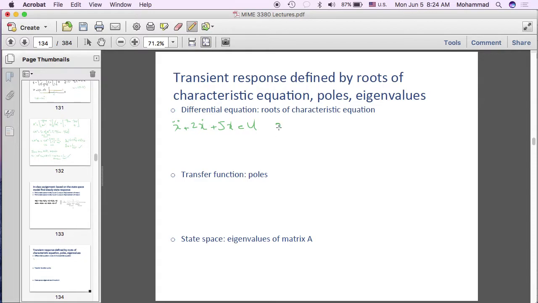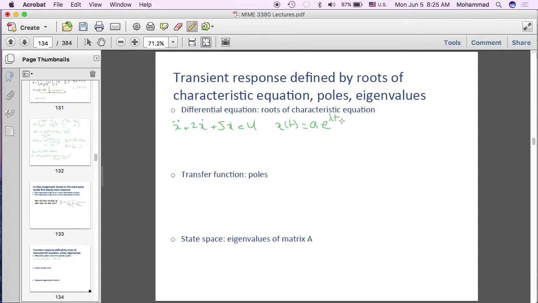I'm going to assume that x as a function of time is an exponential function, a times e to the power lambda t. If I know a and lambda, I know my response, and it's an exponential function. So my mission from now on is to find lambda.